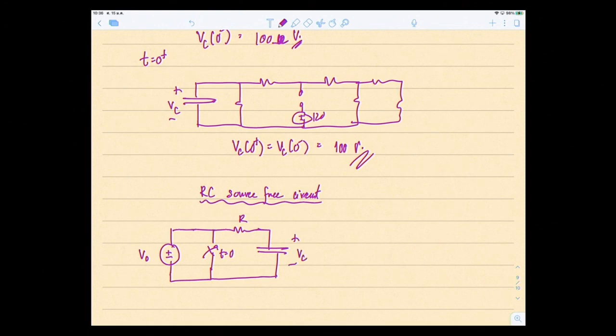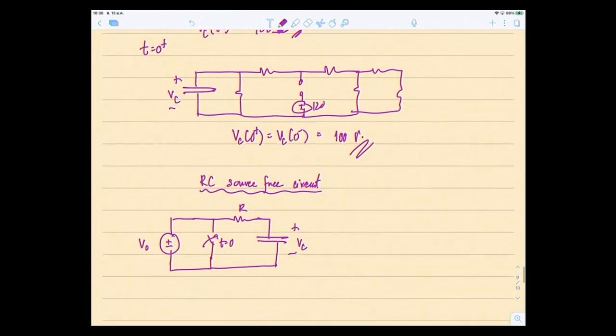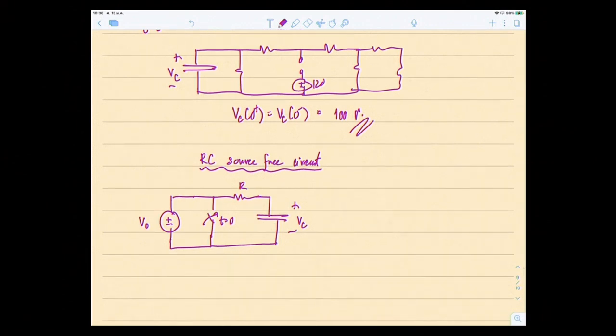Okay. The switch changes at t equal to 0. All right? So I first find the initial values.